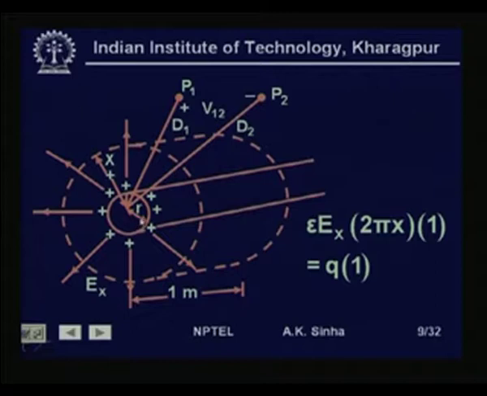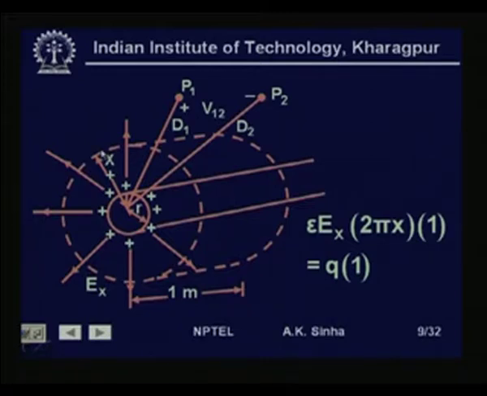Now, for finding out the electric field outside the conductor, what we need to do is we take up a concentric cylindrical volume of 1 meter long length. So, this volume shown here is a concentric cylinder of 1 meter length with a radius of x.